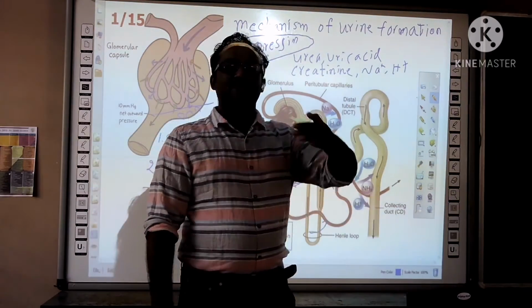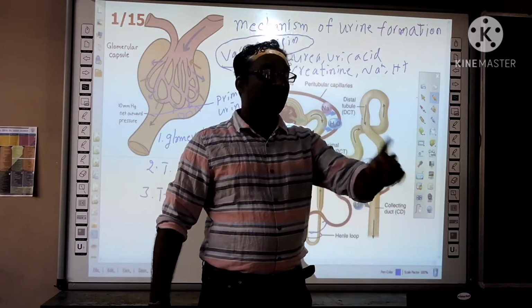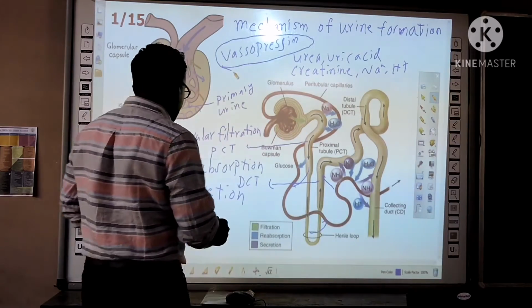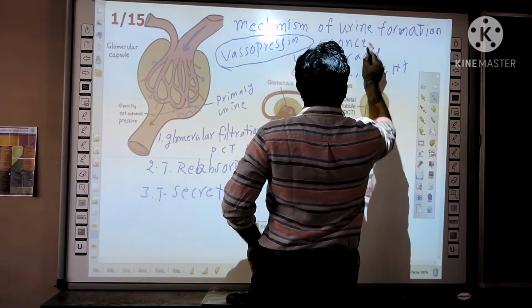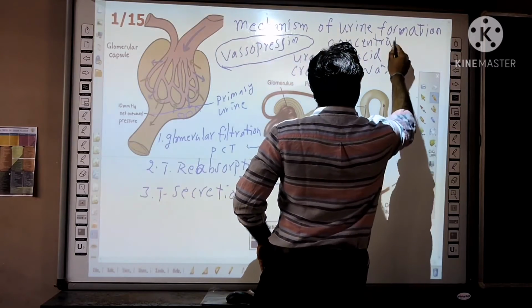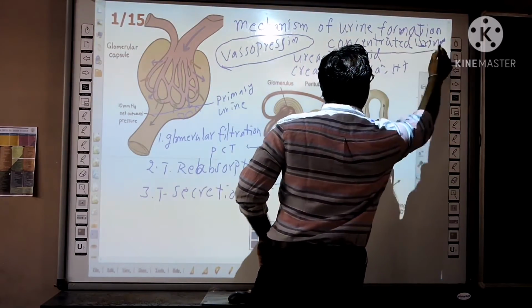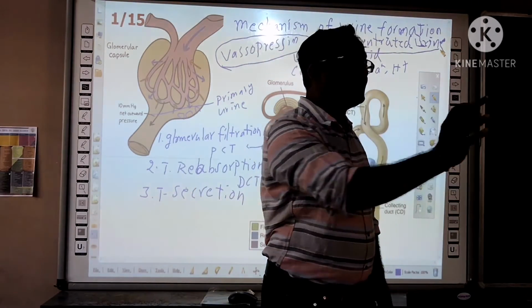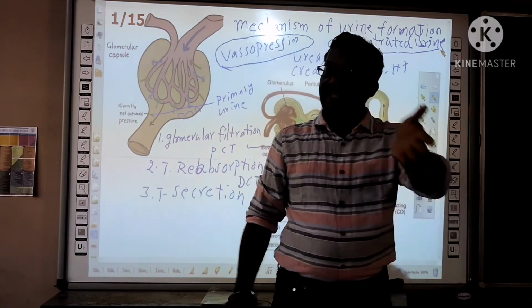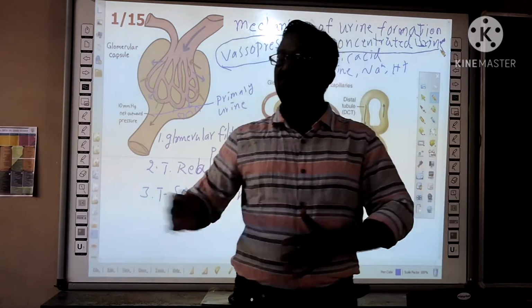To increase the concentration of urine, to produce concentrated urine. Concentrated urine means the urine consists of less water. If you drink excess water, vasopressin is not released, so excess water is removed through urine.